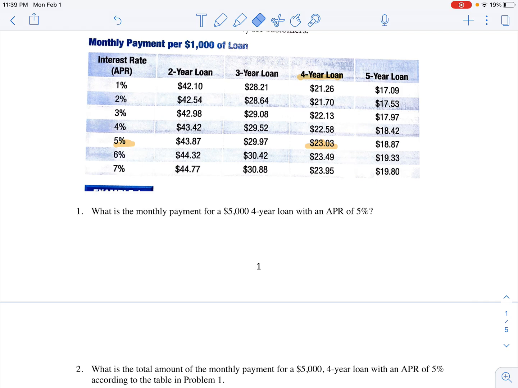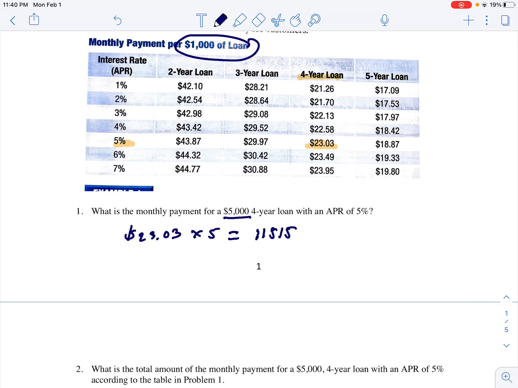So we're going to take our 23.03, and then since it's a $5,000 loan, we're going to multiply that by 5, because these are payments per thousand. Okay, so we take 23.03 times 5, and that's going to give us a payment of $115.15.